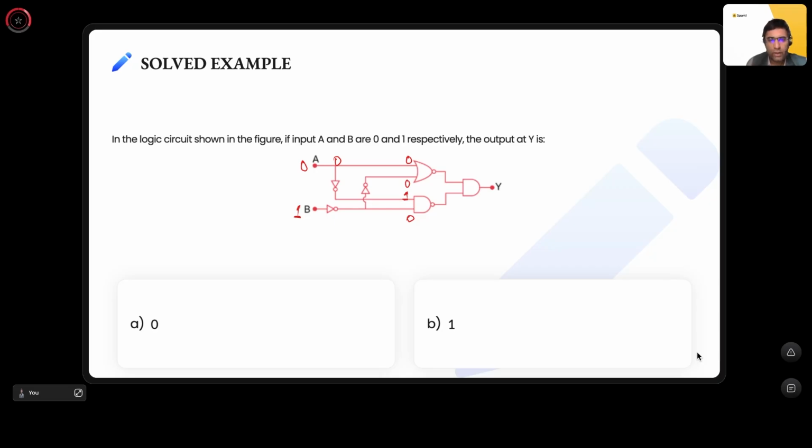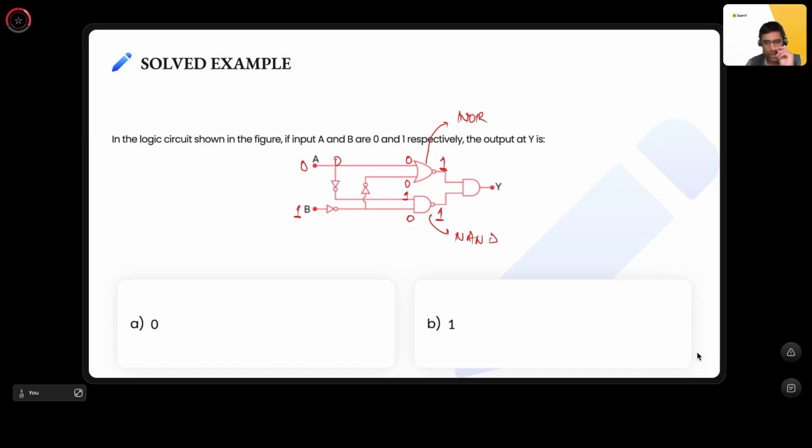Now what kind of gate is it? It's a NOR gate, and it's a NAND gate. If 0 and 0 are given to a NOR gate, the output will be 1. If 1 and 0 are given to an AND gate, the output will be 0. If it is NAND, it will be 1 only.